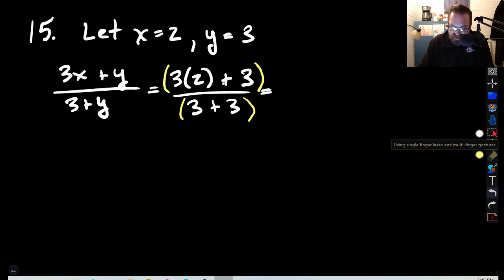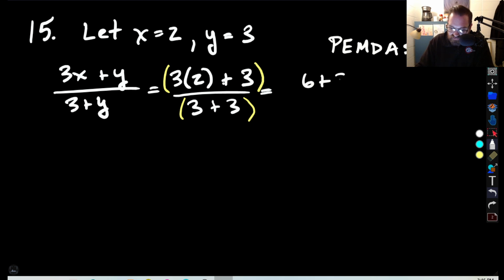So in this case, now that I've got an order of operations in the top parentheses or grouped item, the next thing I need to do is take care of the multiplication. So I am going to do 6 plus 3, and then this is going to divide by 3 plus 3.